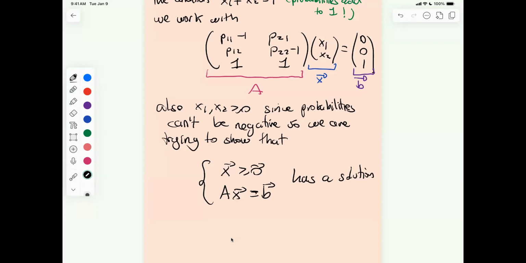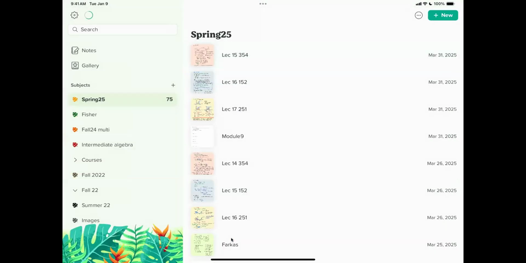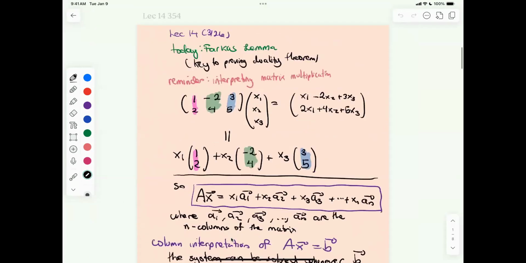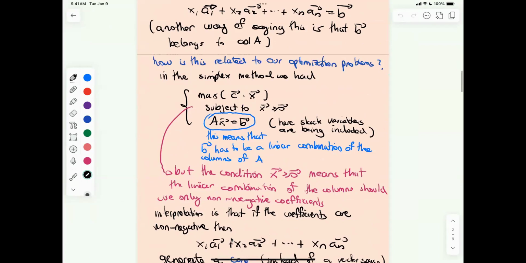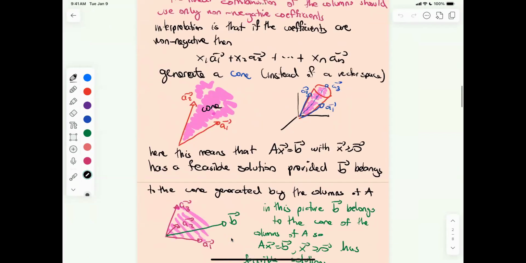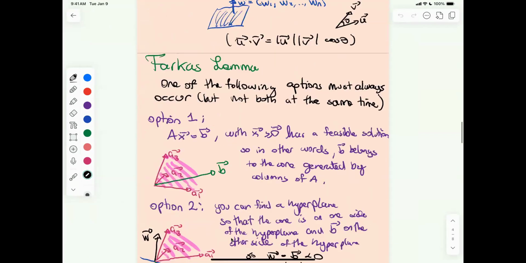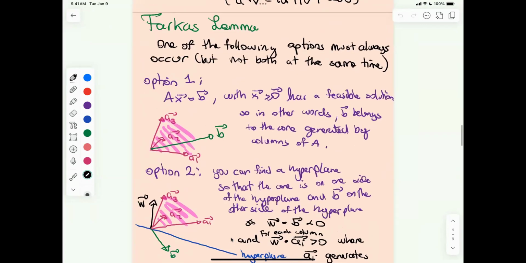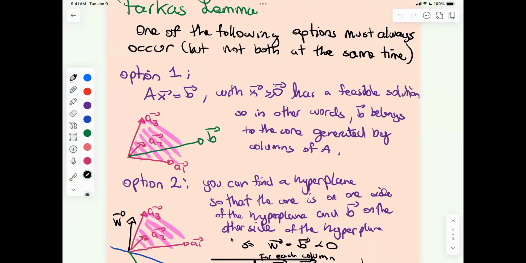Okay, and now my claim is that this is essentially the type of thing that the Farkas lemma from last time said. Let me go back to the previous slide to show you that that's literally what we were talking about. What the Farkas lemma said is that only two things can happen.